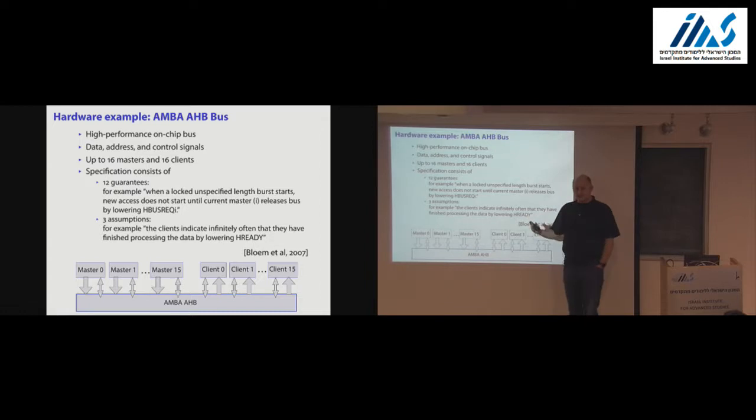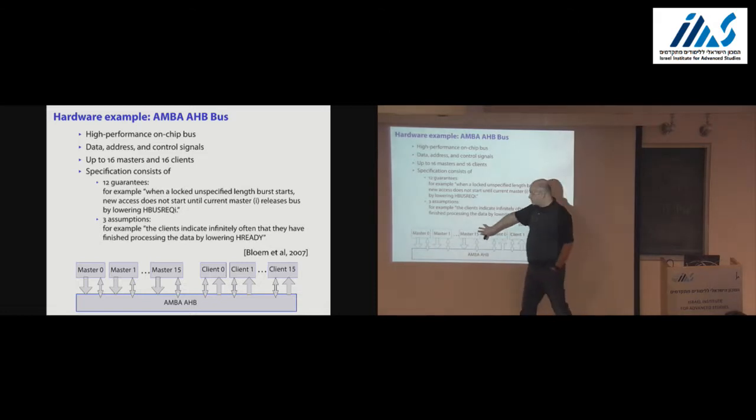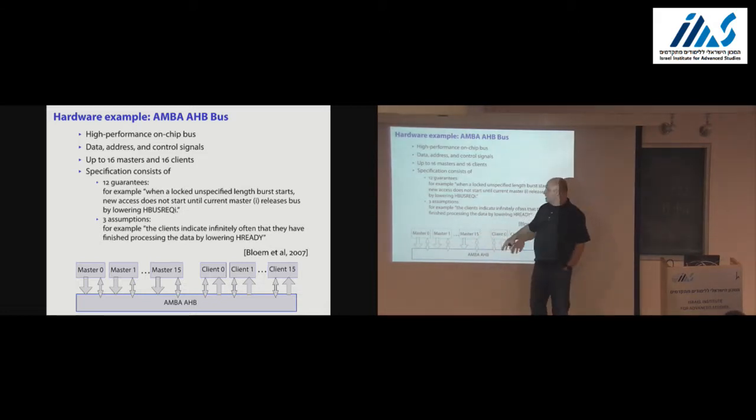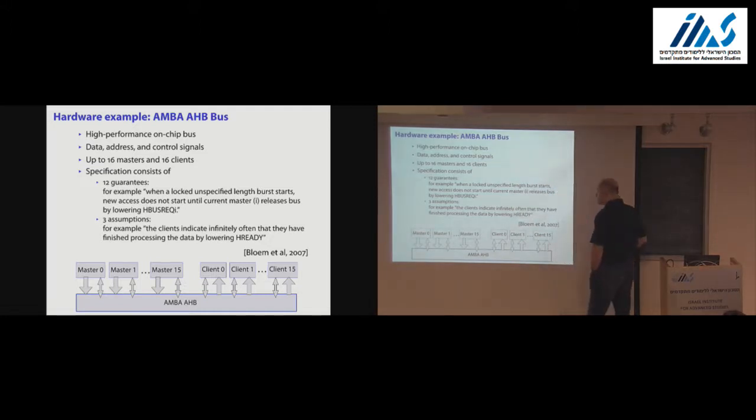Because what we're actually synthesizing is the arbiter circuit, and the clients to the protocol are the external environment. So if we specify, for example, that the bus is fair, and every master who wants the bus will eventually get the bus, this couldn't be realized unless you had an assumption that says that whoever has the bus will eventually give up the bus, right? So these guarantees are matched by assumptions.